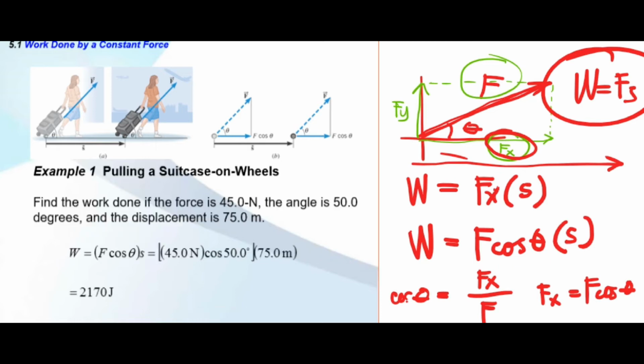Now, for this example, find the work done if the force is 45 Newtons, the angle is 50 degrees, and the displacement is 75 meters. Since the force is inclined, work is equal to F cosine theta times the displacement S. The force is 45 Newtons, the angle is 50 degrees, and the displacement is 75 meters.